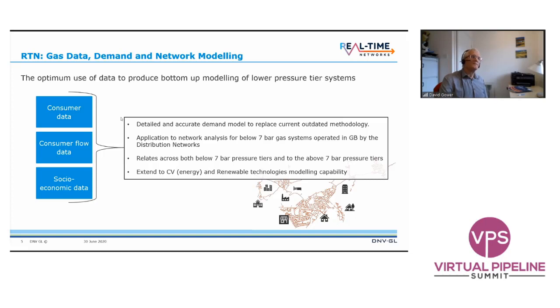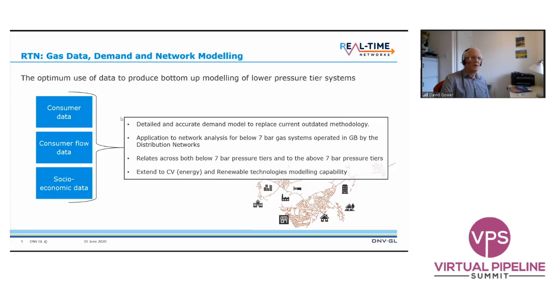That was developed some 30 odd years ago and is now well out of date and needs to be replaced, especially with the current move to more renewable types of gas coming into the system, and indeed renewable types of technology using gas and taking gas from the system. Therefore, this requirement was there to develop an approach to network analysis that would refresh the way those systems are designed.